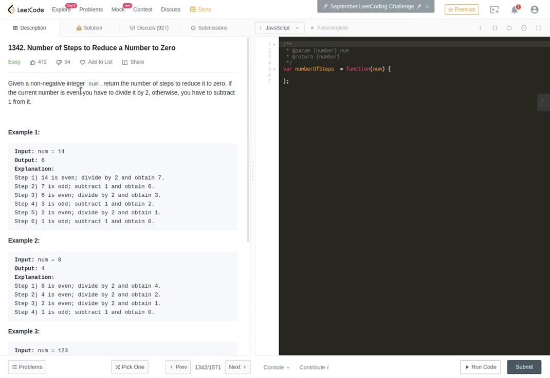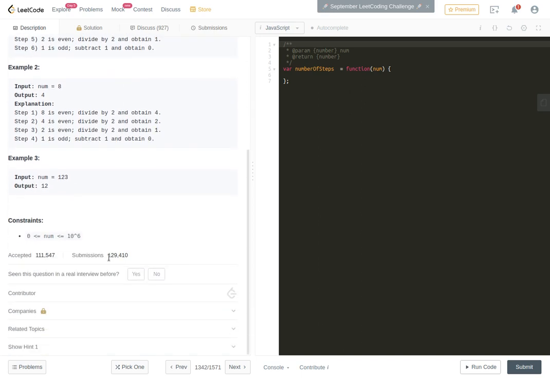If the current number is even, you have to divide it by 2. Otherwise, meaning it's odd, you have to subtract 1. Okay, so that seems pretty easy. For the sake of completeness, let's look at the example.